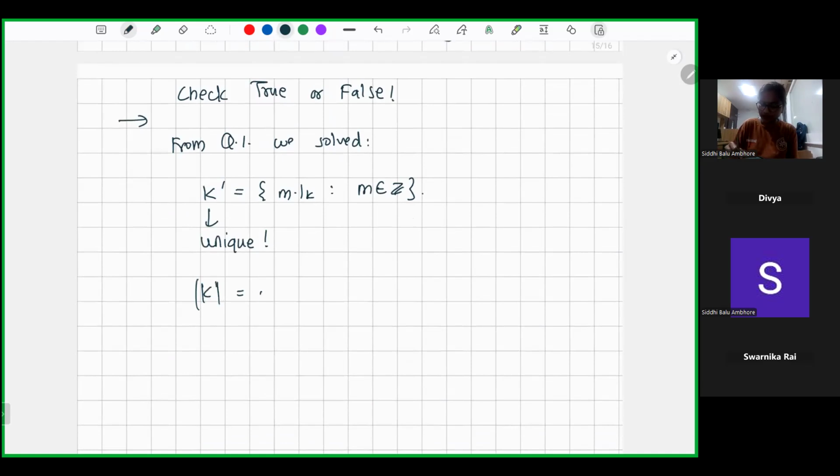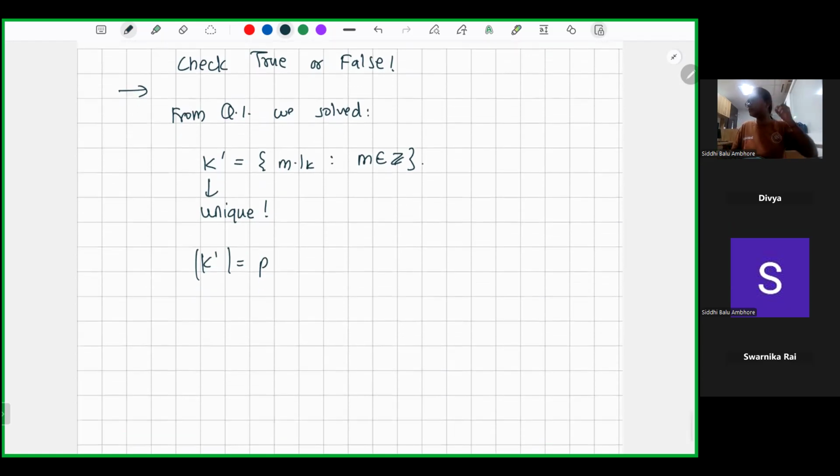Cardinality of K dash is P. And we in fact proved that the cardinality of K is P power n, where n is the dimension of K as a K dash vector space.